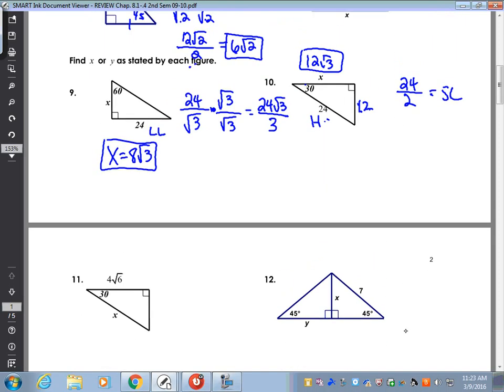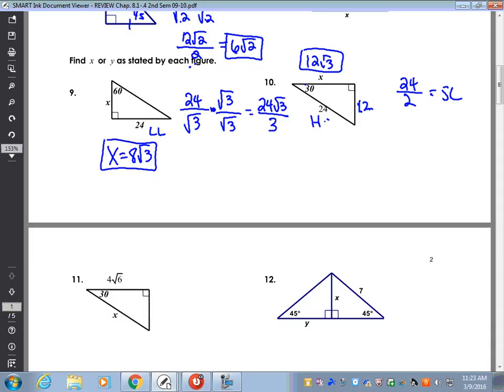All right, that's what we're going to remember? No, when I go to a bigger piece, I multiply. Not times 2. It depends on what shape I have, what triangle I have. So if it's a 45, 45, I'm multiplying by the square root of 2. If it's a 30, 60, 90, I'm multiplying by the square root of 3.